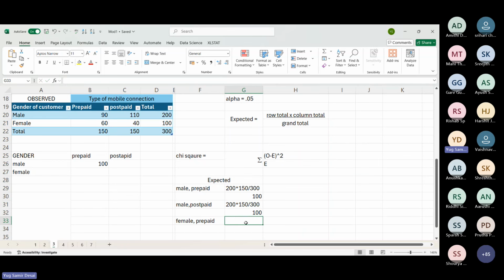Now, if we had to calculate the same for the other gender, for females, we would multiply 100 with the total number of prepaid plan customers, which would have been 150, divided by 300. That would have given us 50.